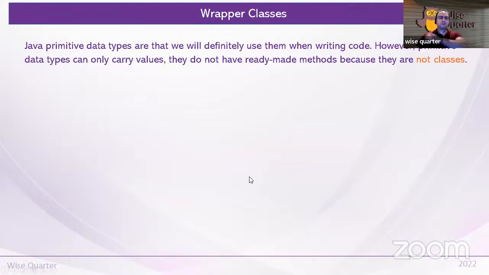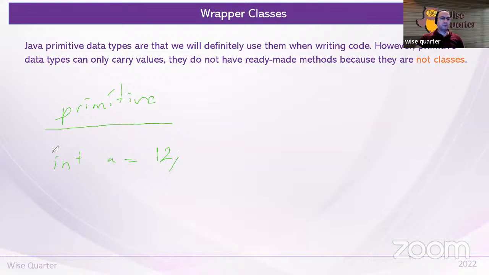Wrapper classes. It's a new topic. I will try to explain. First, primitive data types. They are fast because they are very simple. Like integer a equals to 12. This is a primitive data.